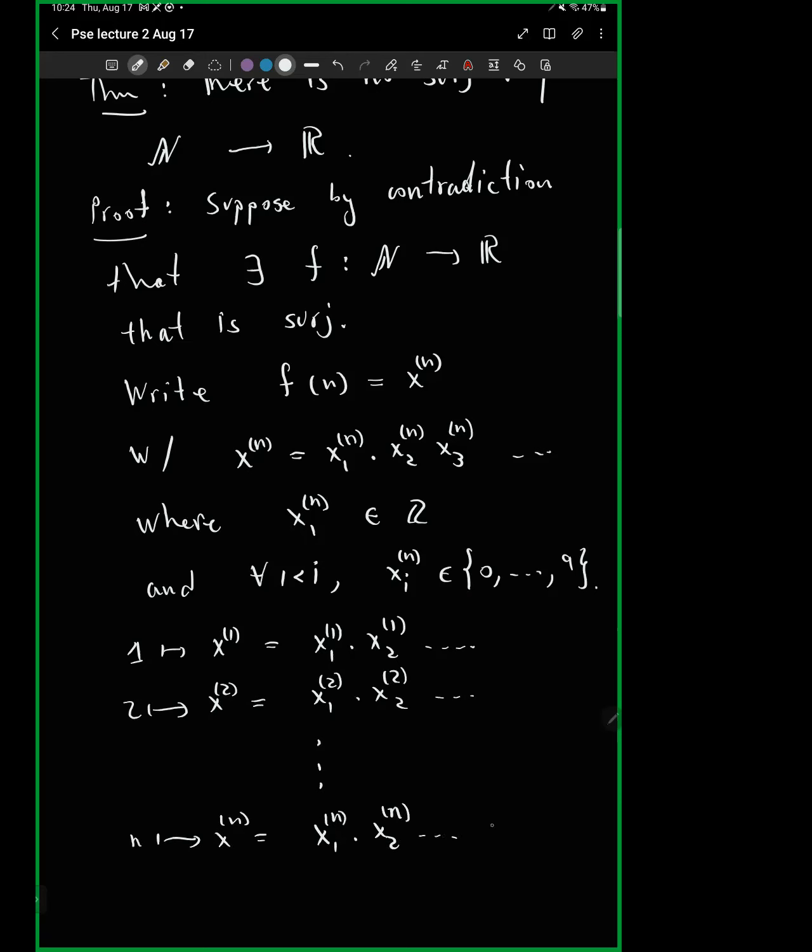Let's say I can continue it to x_nn, and of course it continues after that. So just for symmetry, here I also have x_2n, and here I have x_1n.